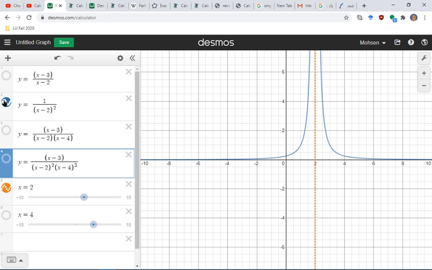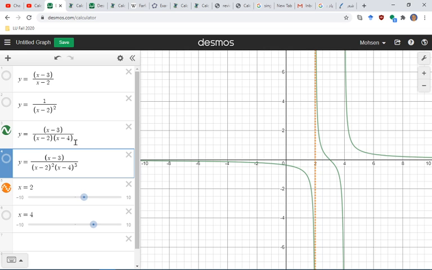Now you can have several of these things in the same problem. For example, here the denominator has zeros at 2 and 4, and therefore I have two vertical asymptotes. As you see, these two orange lines are the vertical asymptotes where the function is discontinuous.